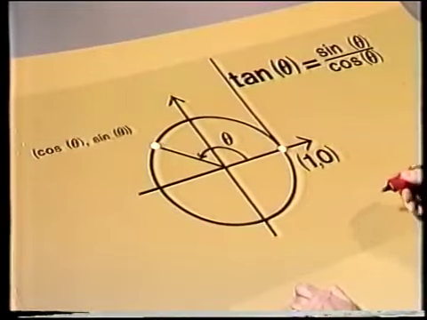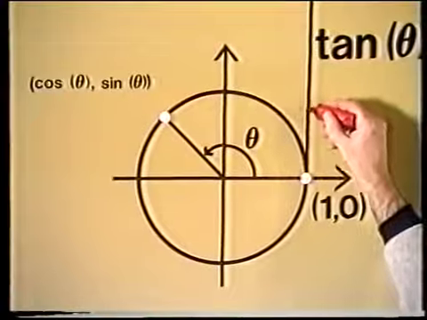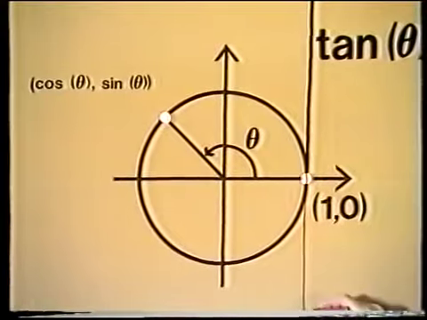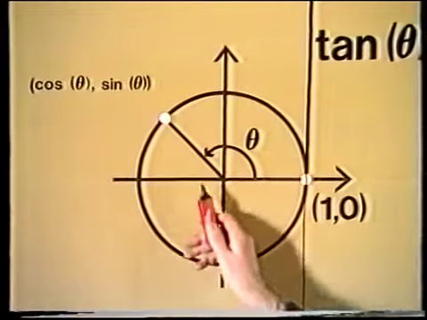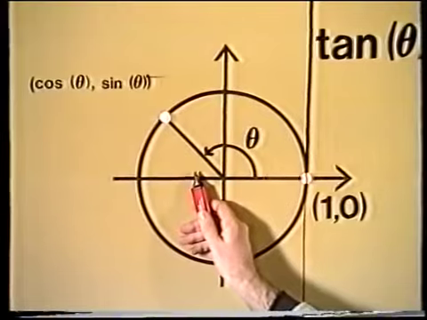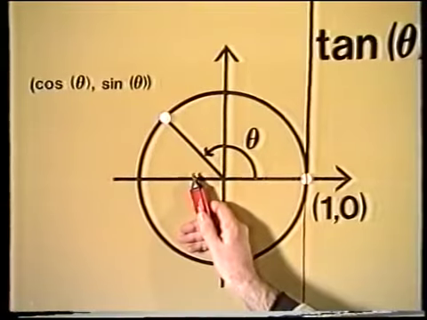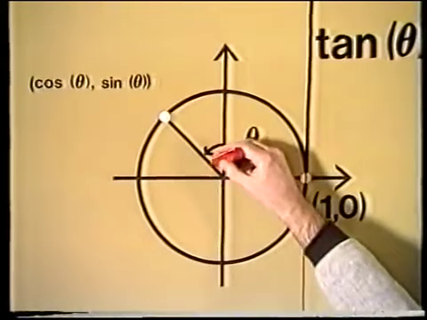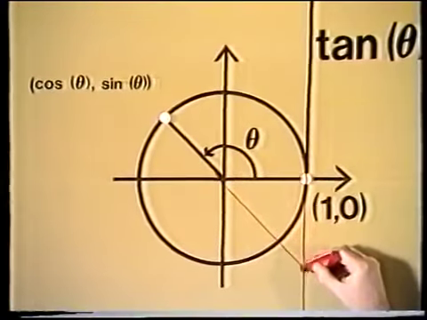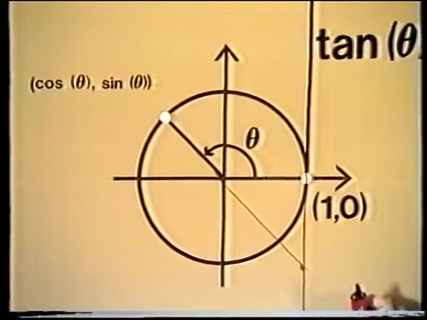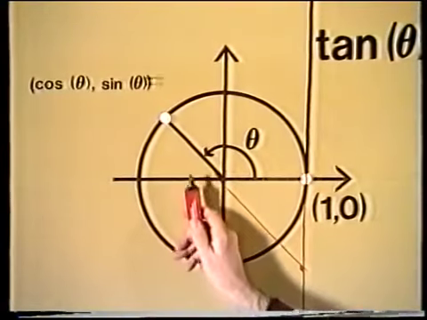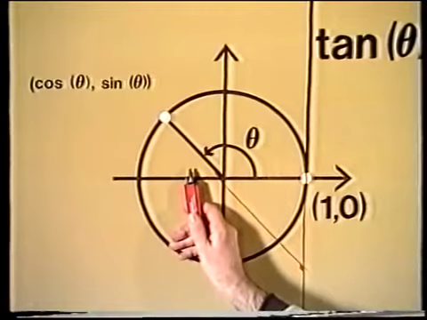And that point with x-coordinate 1 must lie on this line. Now we're dilating by 1 over cosine theta, which in this quadrant is negative. So we have a negative scale factor, which explains why we end up down here. And that's what we would expect, as tan theta is negative for theta in the second quadrant.